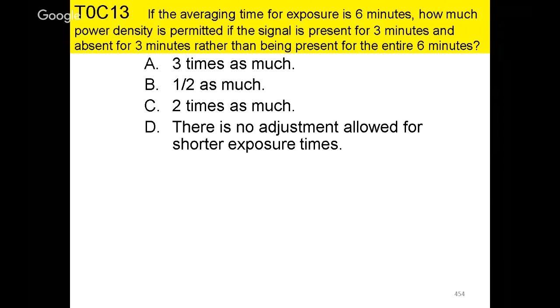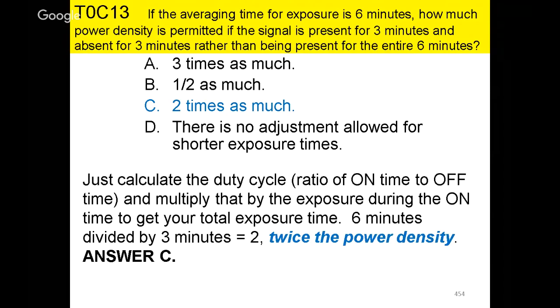So 2 times as much. Just calculate the duty cycle, the ratio of on time to off time, and multiply that by the exposure during the on time to get your total exposure. So 6 minutes divided by 3 minutes equals 2, or twice the power density.